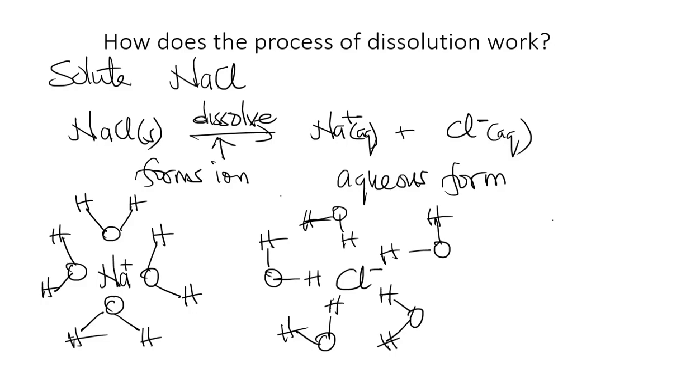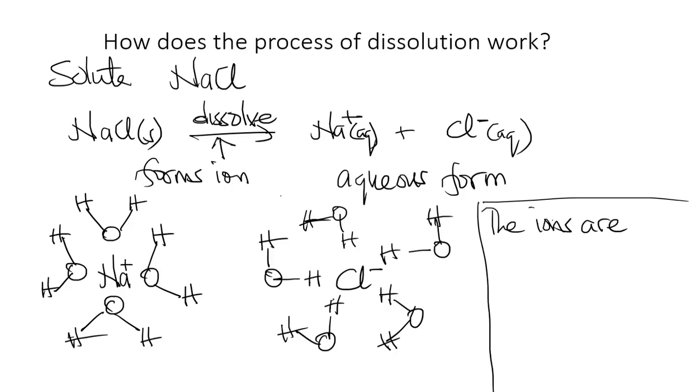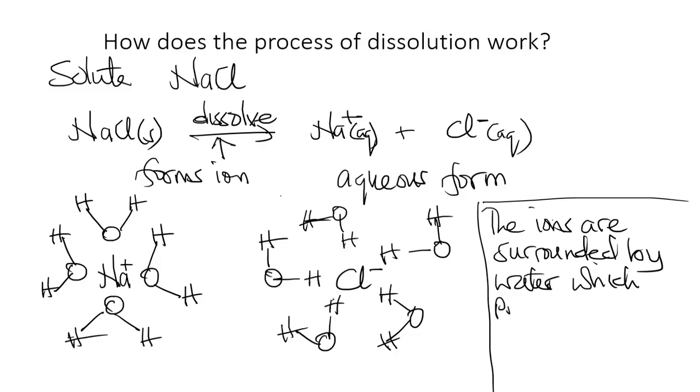So that's what happens. The sodium is surrounded by water, the chlorine is surrounded by water also. Now this blanketing prevents the ions from coming back together. So the ions are surrounded by water, which prevents them from bonding again.